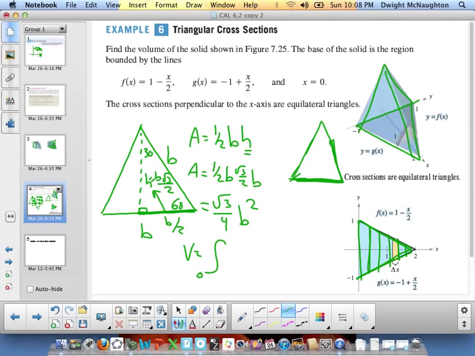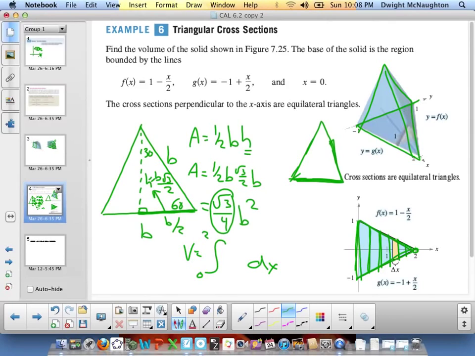Since we're perpendicular to the x-axis, we're going to go with respect to x. Our x values go from 0 to 2. And square root of 3 over 4 times the base squared is our area formula.